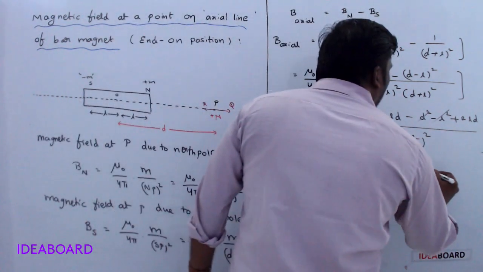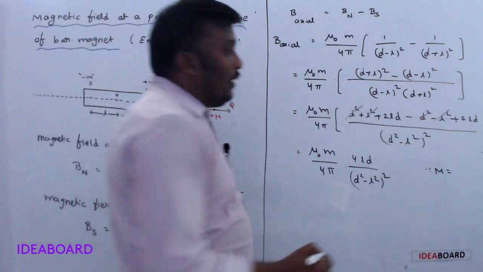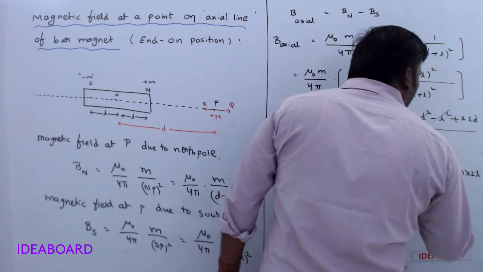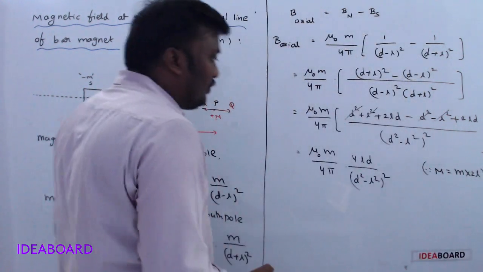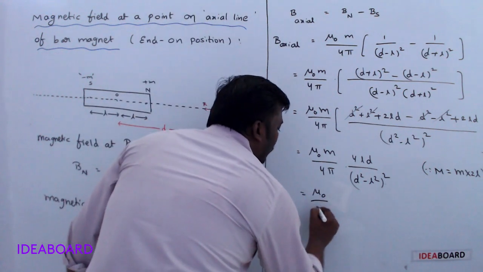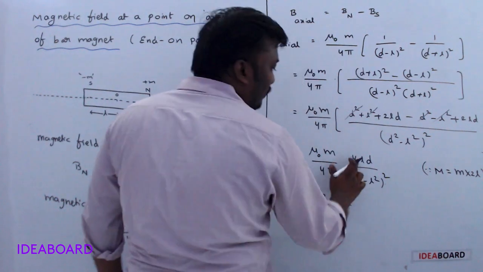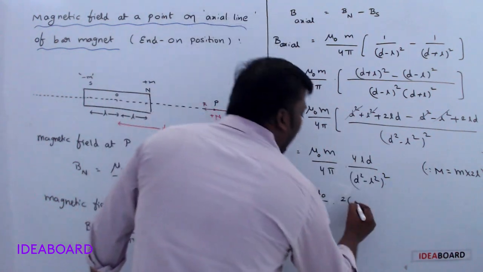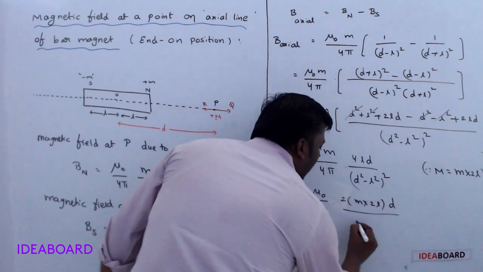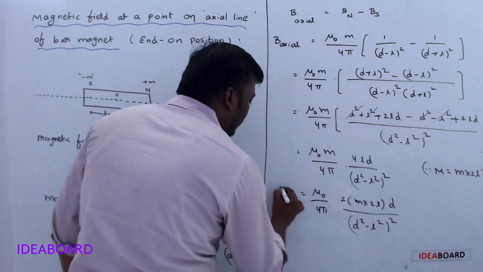But we know the formula for the magnetic moment. The magnetic moment formula is capital M equal to small m into 2L. So out of 4L, you may write the above equation like this: 2 into, out of 4 I take 2, and m into 2L into d by (d square minus L square) whole square.